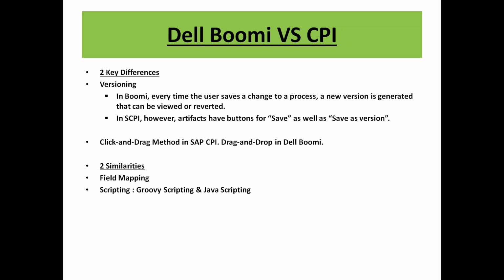The way we map using the map step is similar for both software. Whatever we use in CPI to map source fields with target fields is the same in Boomi. We select, click and drag the map step onto the editor, then mention the source profile and the target profile, then establish the mapping.